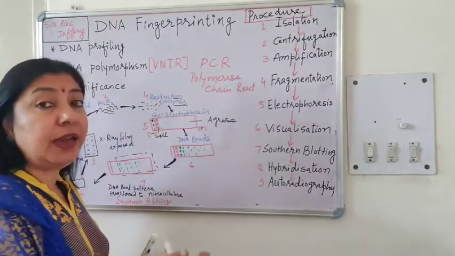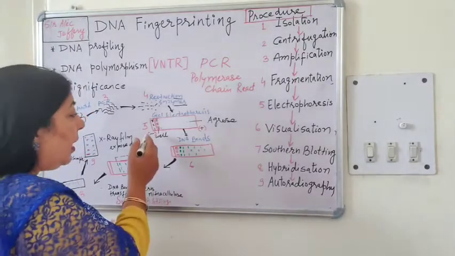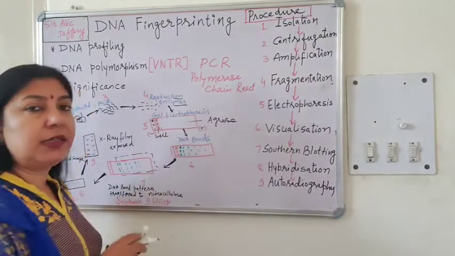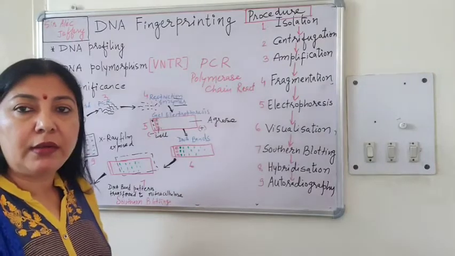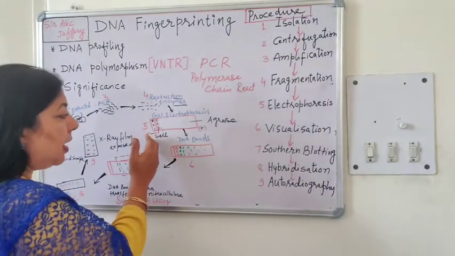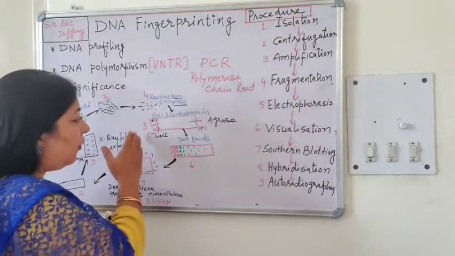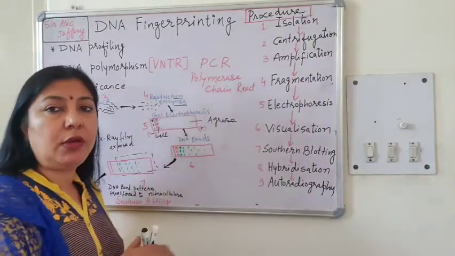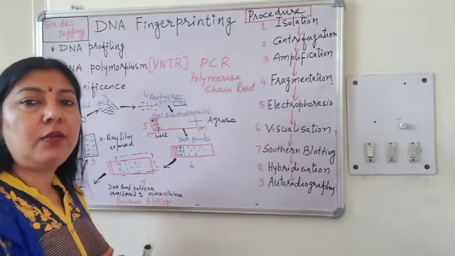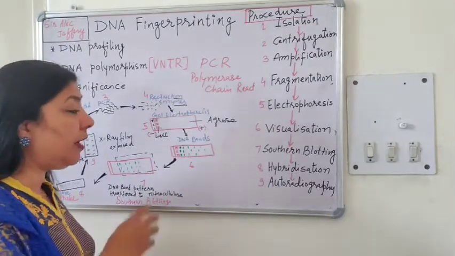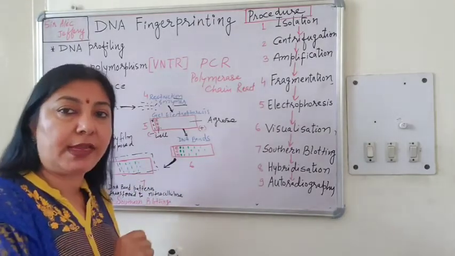DNA, because it is negatively charged, it will move towards the positive terminal. So you can see here it is cathode negative terminal, anode positive terminal. So from cathode towards the anode, these fragments will move under the electric field depending upon its size.